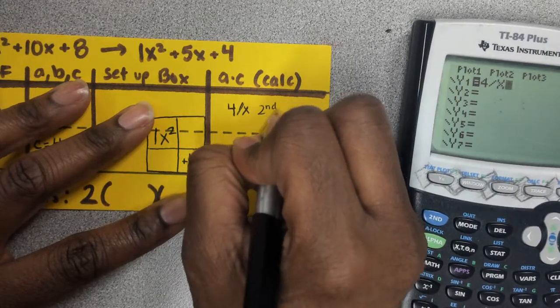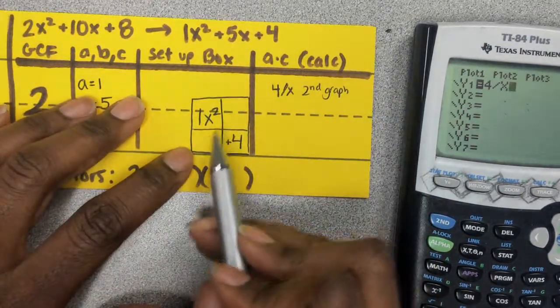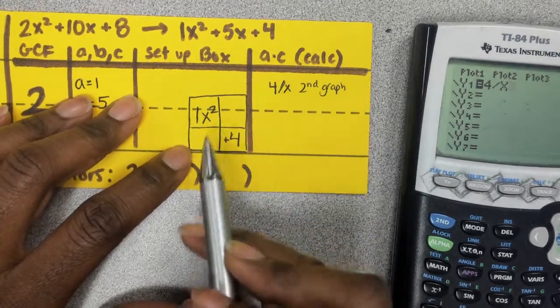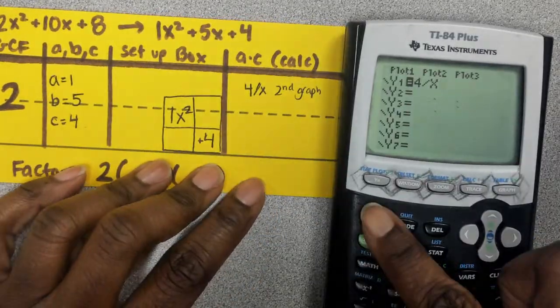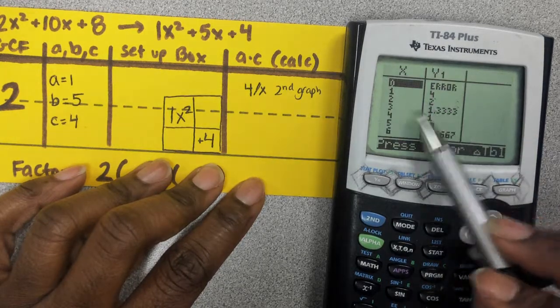So then press second graph because it will give you all of the different possibilities to put here, but there's only one that's actually going to make the problem correct. So press second graph and you get a table.